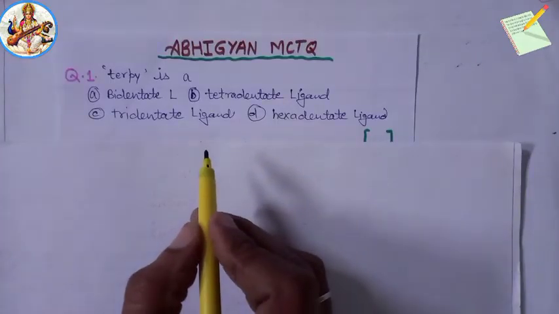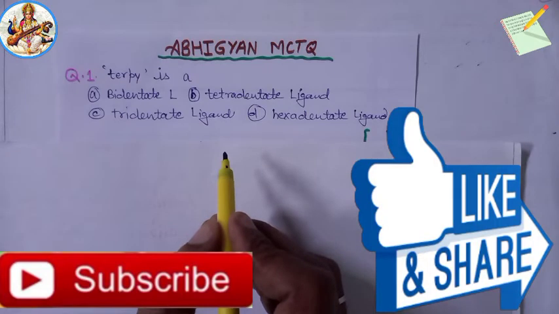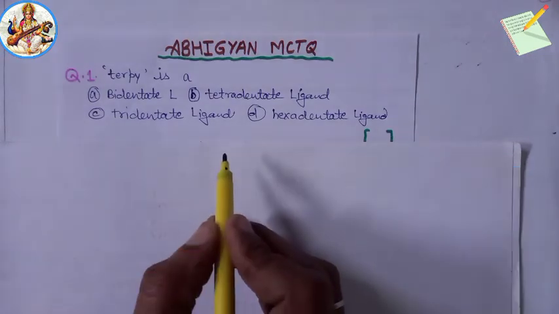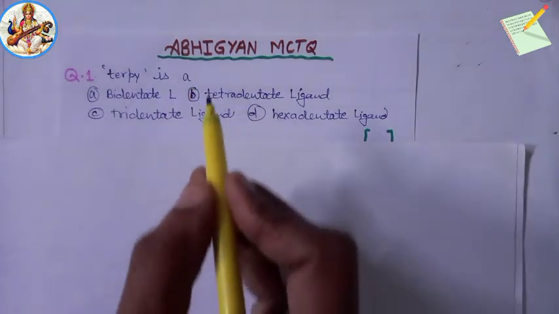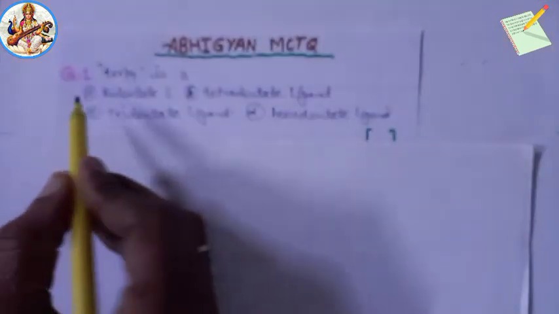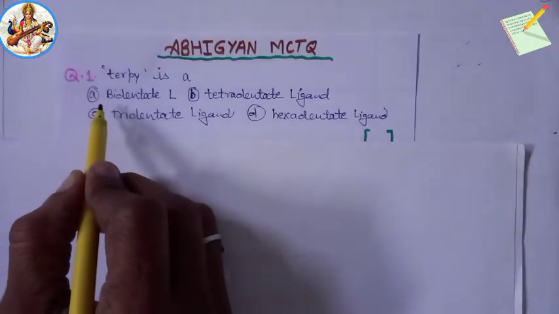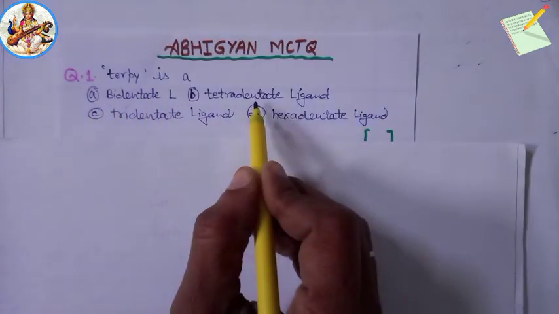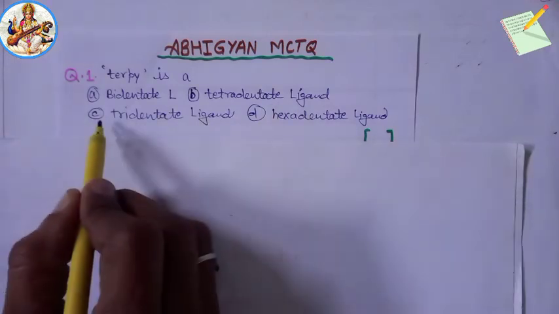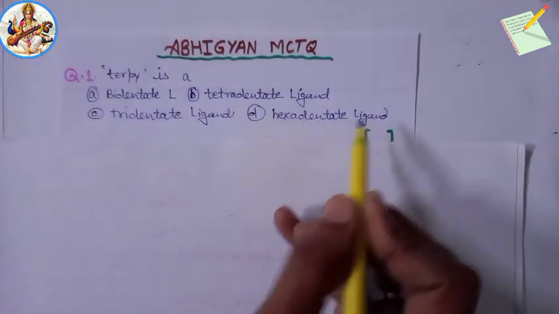Now we will take some multiple choice type questions. You can solve all these questions yourself after pausing the video. Question first: TERPY is a, option A bidentate ligand, B tetradentate ligand, C tridentate ligand, and D hexadentate ligand.